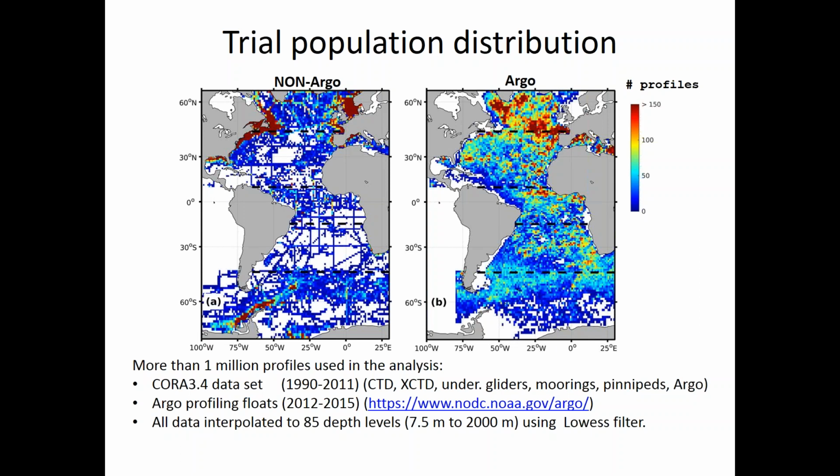And the Argo data comes from the NODC dataset, which can be downloaded on the web, from 2012 to 2015. And this is more or less the distribution of the data.